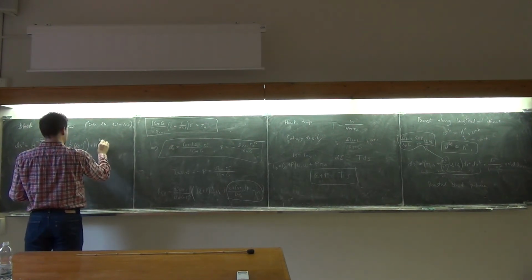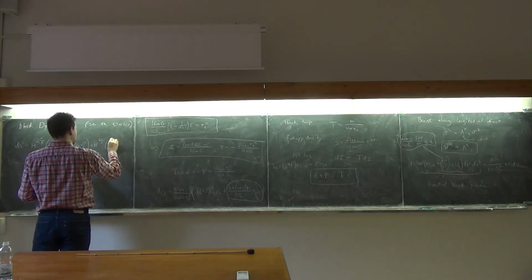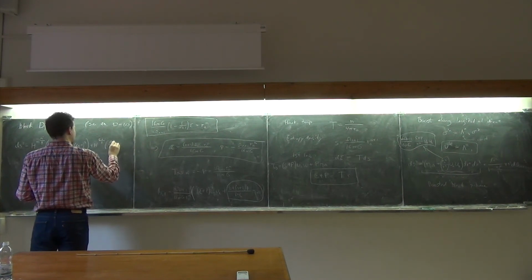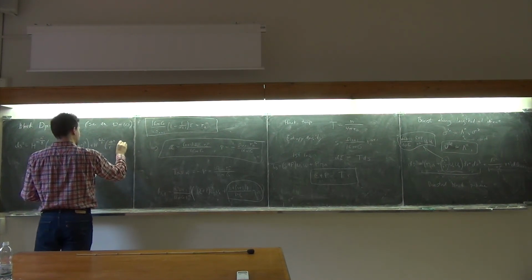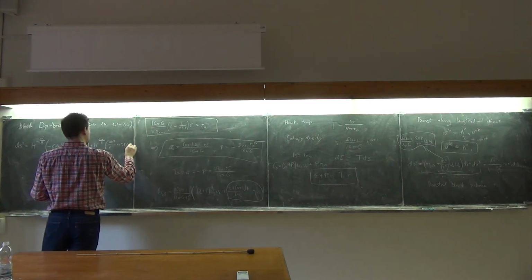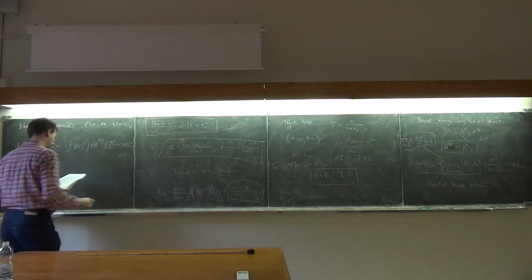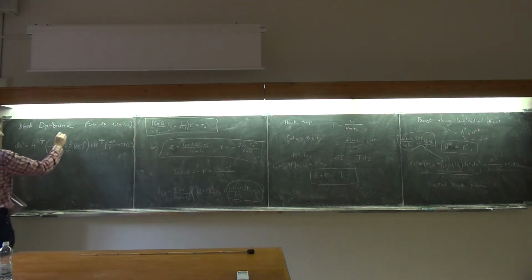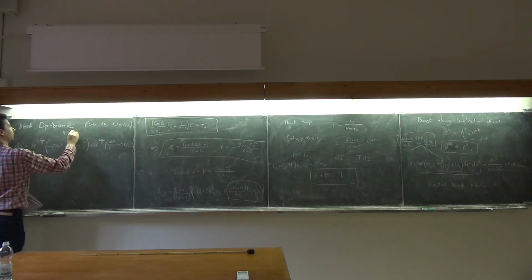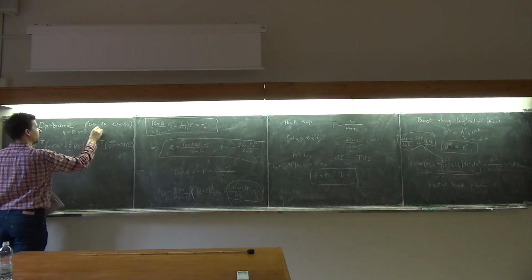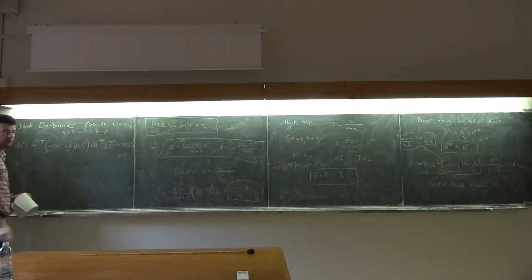And it looks like this. And here n is d minus p minus 3, but then since d is 10, this is 7 minus p. Okay?